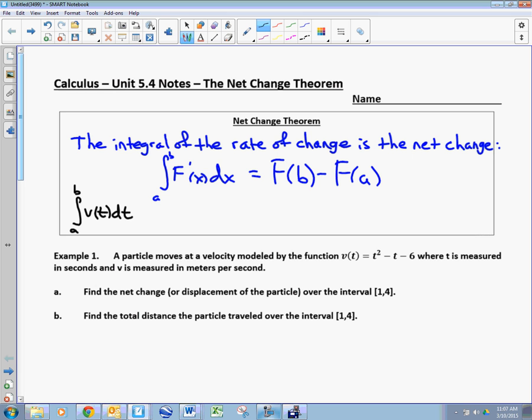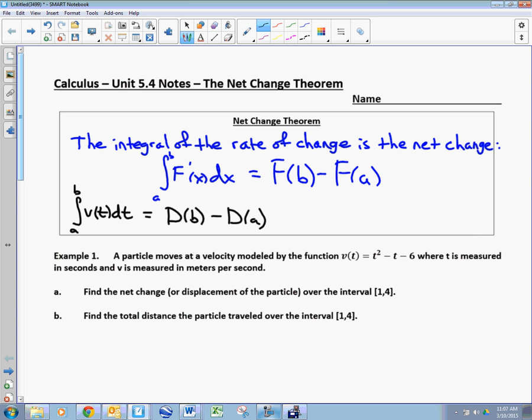Speed and velocity are nearly identical. Speed is just absolute value. You take the derivative of your position, your location, the distance. So if you were to take the integral of a velocity function, you would find the total distance traveled over that interval, or that displacement over that interval.